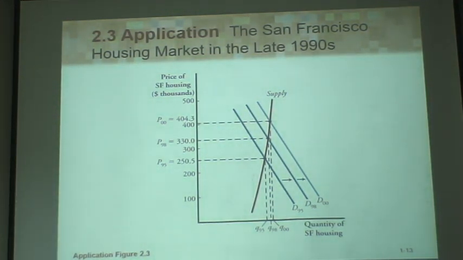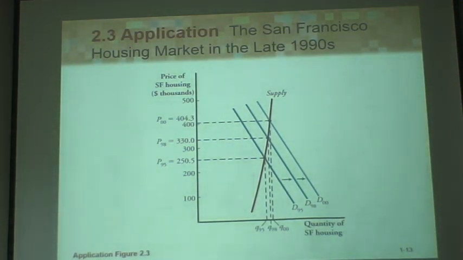Because of the internet bubble, a lot of companies seemingly made a lot of money. Because of that, higher income, what do you get? You get higher prices for the houses. So here you have 95, 98, and 2000.